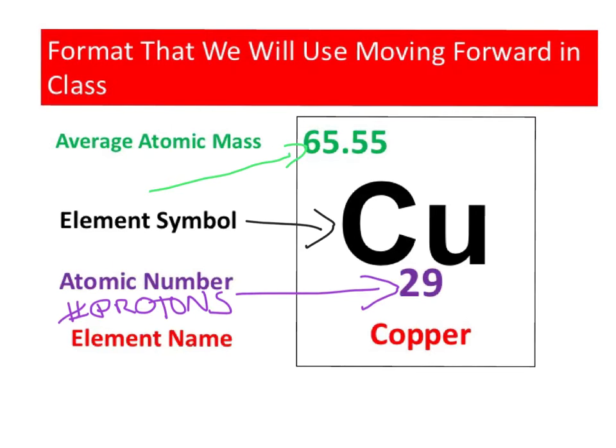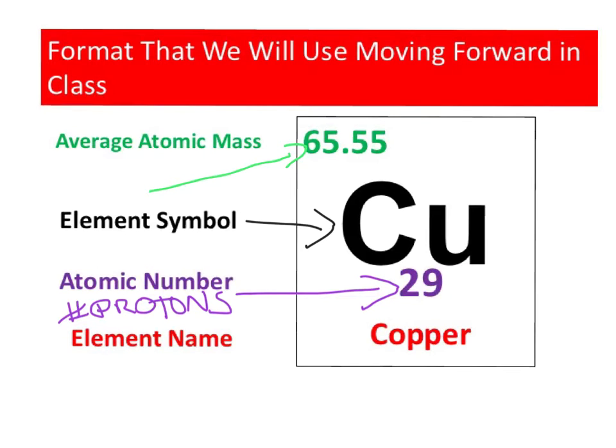Now the key is that you do not mix this up with this. This number is unique to each element. This number is not as unique. Remember, this number is just an average of a series of atoms that may have different masses of copper, based on their isotopes.